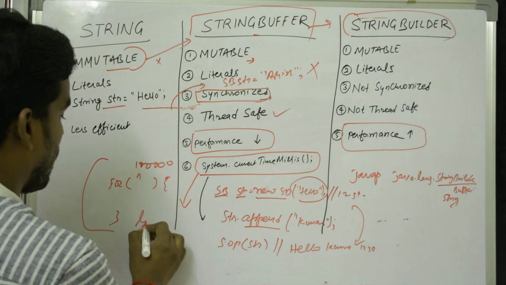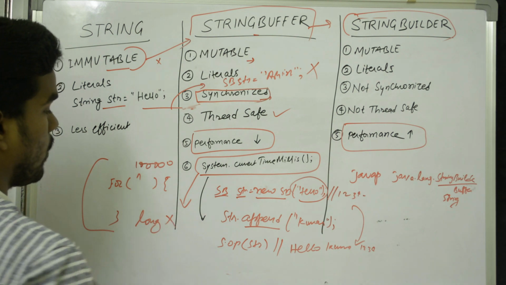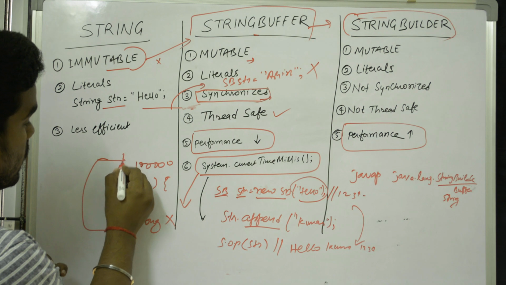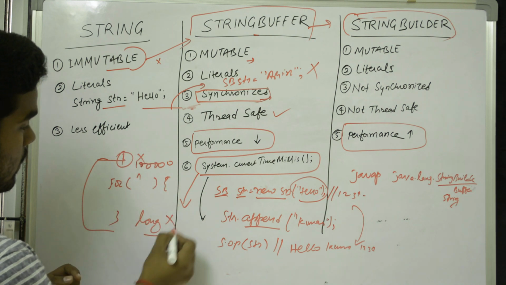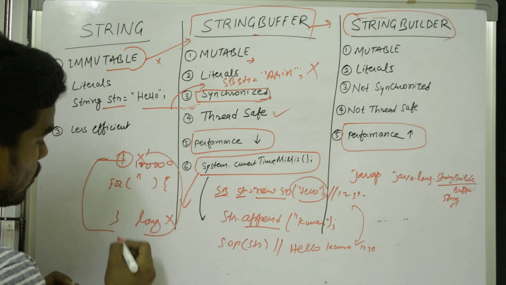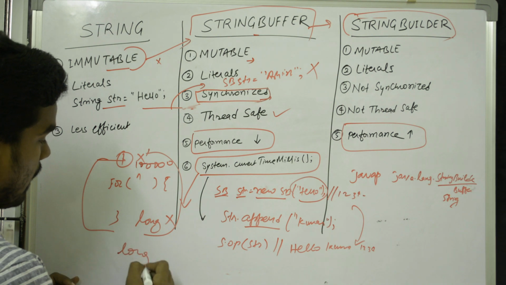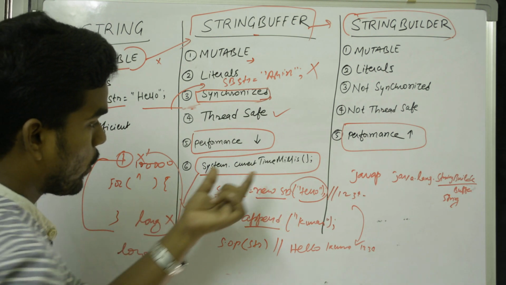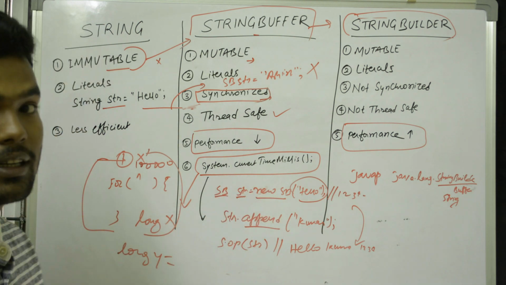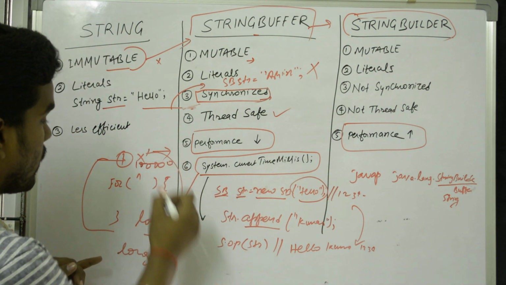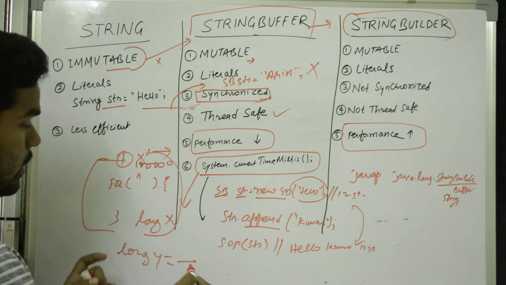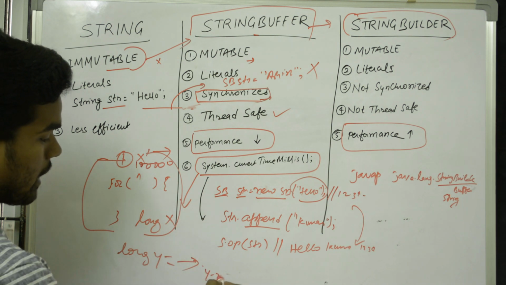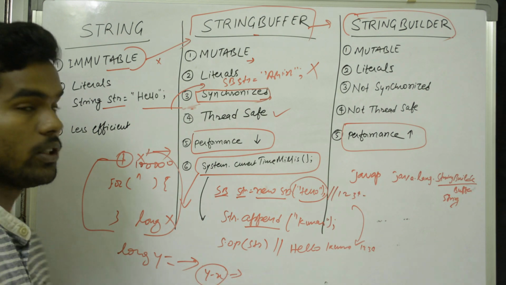So just store it in a variable long x before executing the for loop, and after the for loop we take another time in long y. Again we call this method to fetch the current time. So x has one time, y has one time, and the difference y minus x gives you the total execution time.